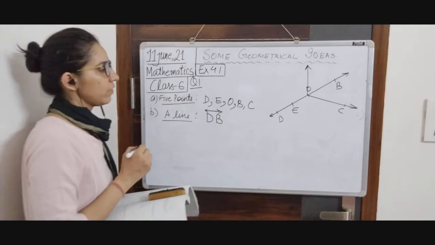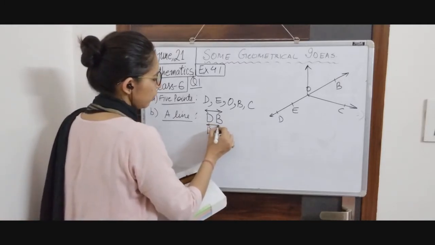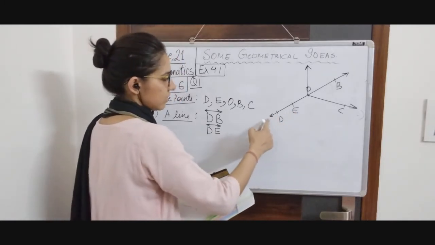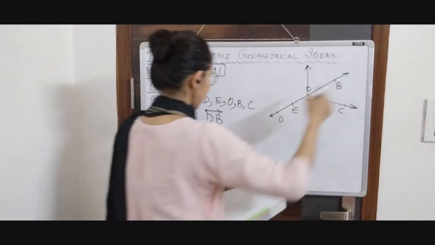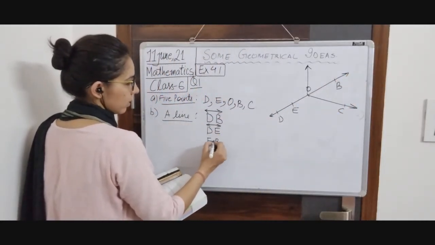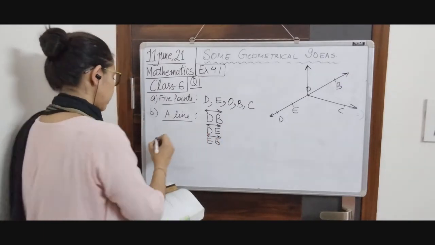You can write DE also. It will also be correct. DE is going endlessly in this direction also and in this direction also. You can write EB also. Any one of them will be correct.